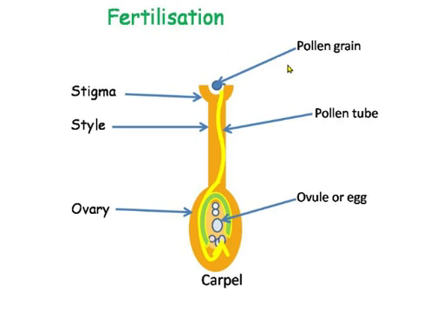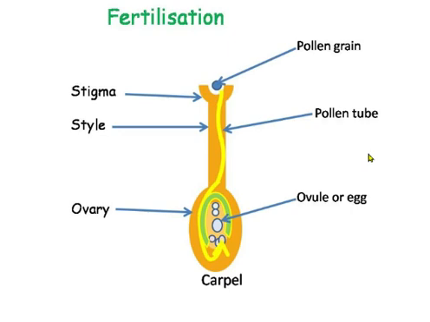After the pollen grain sits on the stigma, it forms a pollen tube, and through this pollen tube, the essential materials of the pollen grain go inside the ovary and reach the ovule, fuse with the ovule and form the seed, and this whole ovary becomes the fruit. So this is the process of fertilization.